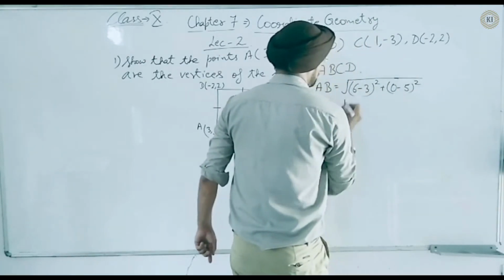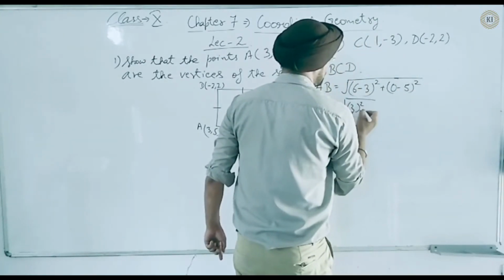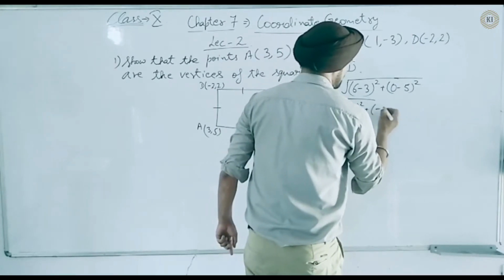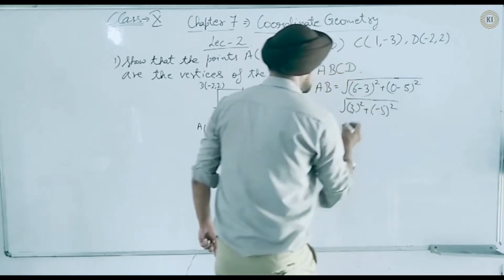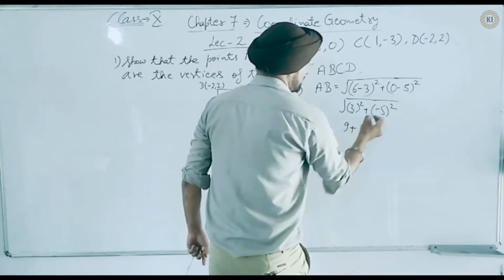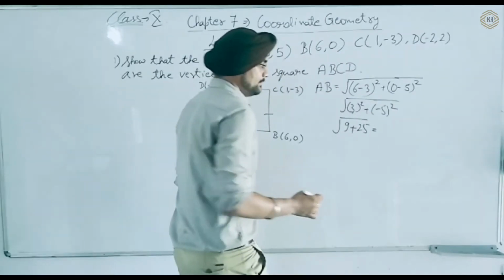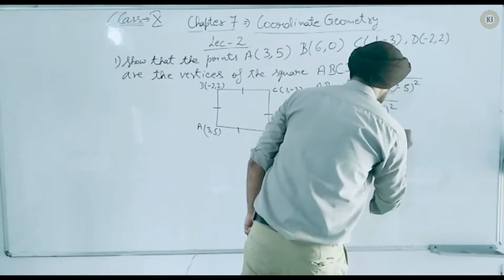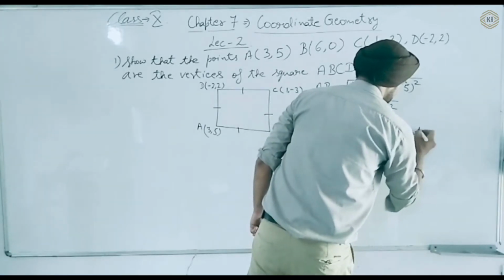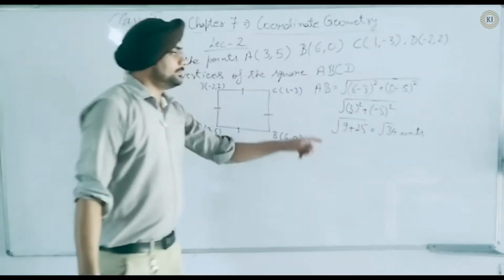So it will be 3 square plus minus 5 whole square. 3 square will be 9 and this will be 25. So 25 plus 9 will be under root 34 units. So AB is root 34.